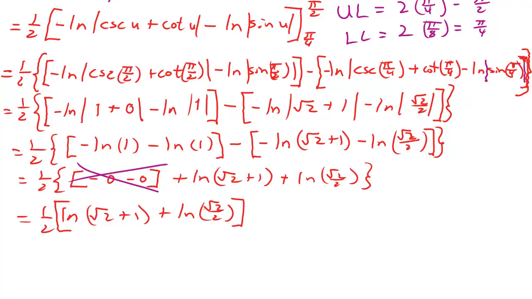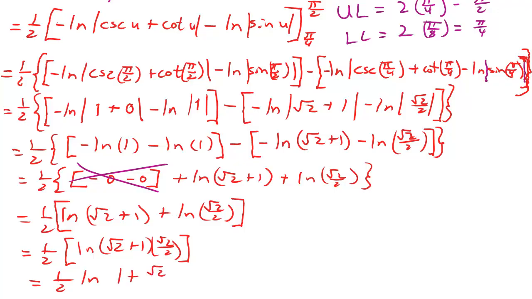Since we have 2 natural logs added, remember that's the same as combining them by multiplying. So you got root 2 plus 1 times root 2 over 2. So we have 1/2 natural log. Let's see, that would be 1 plus root 2 over 2. And that's your final answer.